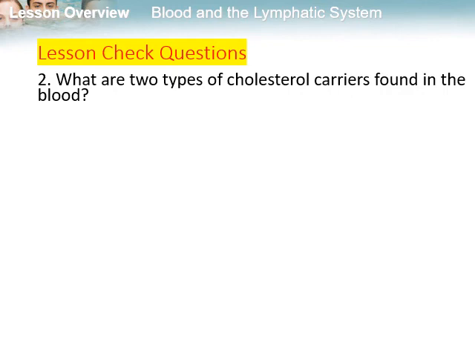Question number 2. What are the 2 types of cholesterol carriers found in the blood? The 2 types of cholesterol carriers in the blood are high-density lipoproteins and low-density lipoproteins.